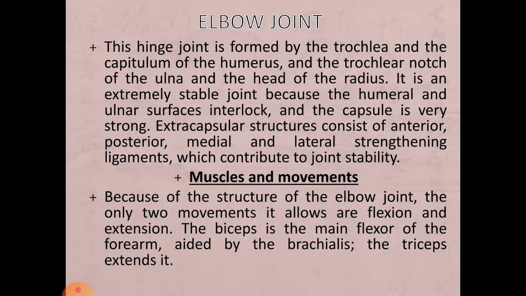Next we have the movements and the muscles that are involved at the elbow joint. This is the hinge variety, so definitely there will be limited movement, and the movements that can occur at the elbow joint are the flexion and extension.